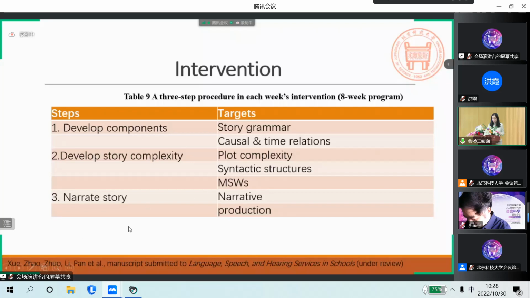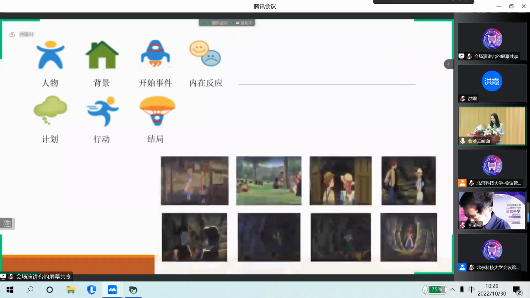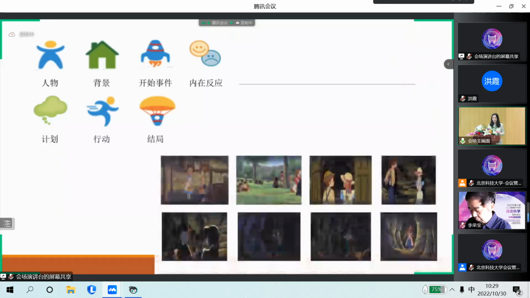And the last stage, we focus on narrative production. These are icons we used to facilitate children's comprehension and cognitive skills, and this is a sample of the story we used to elicit storytelling and retelling.